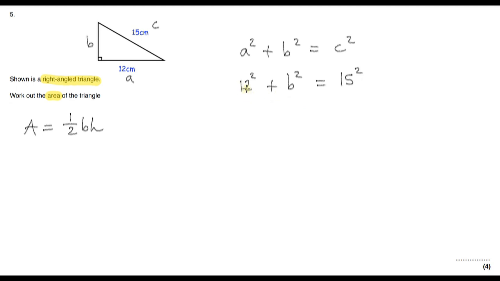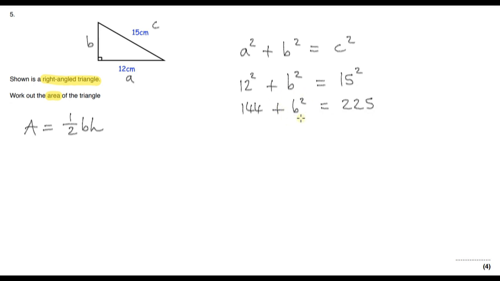So what do we have? We've got 12 squared, well, that's 144, plus B squared, and that is equal to 15 squared, which I know is 225. If you didn't know that, then you could just do 15 times 15, long multiplication, or the grid method, or however you like, but you will get 225 when you do that.